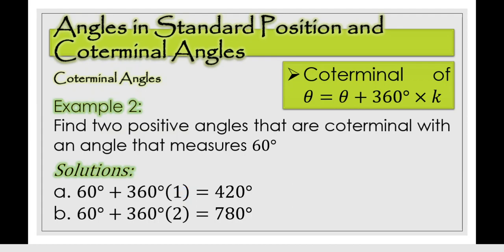That is 420, or 60 plus 360 is 420. Ang pinahanap sa atin ay two positive angles, kaya dapat yung another k is 2. So, 60 degrees plus 360 times 2, that would be 780 degrees. Therefore, the two positive angles that are coterminal with 60 degree angle is 420 degrees and 780 degrees.